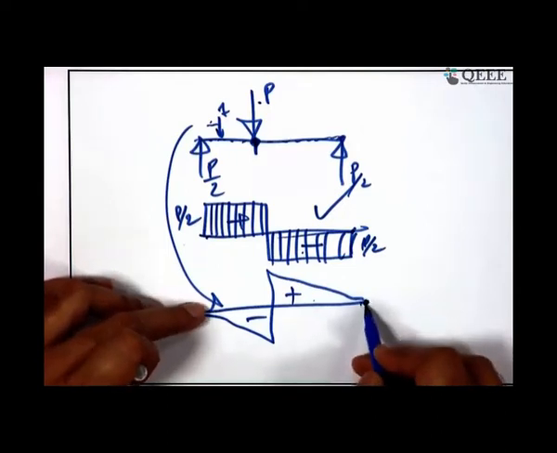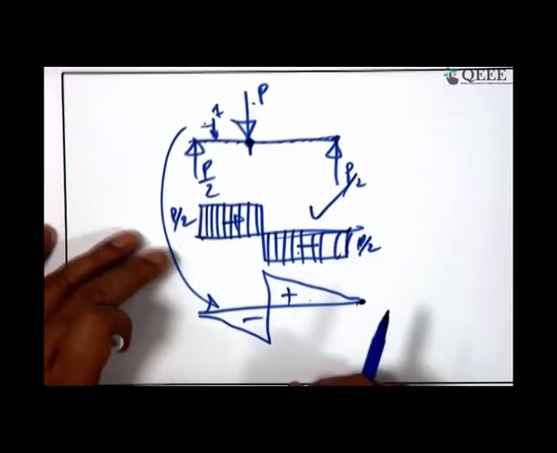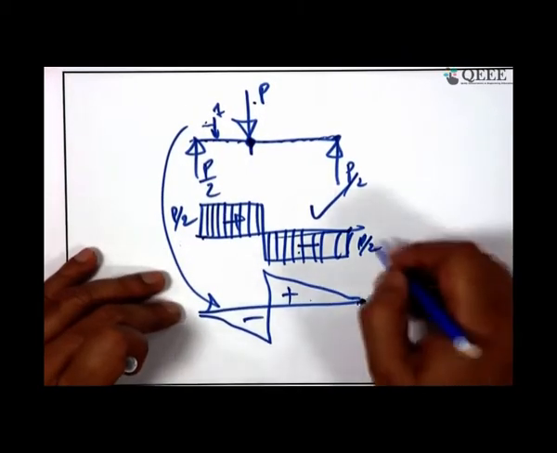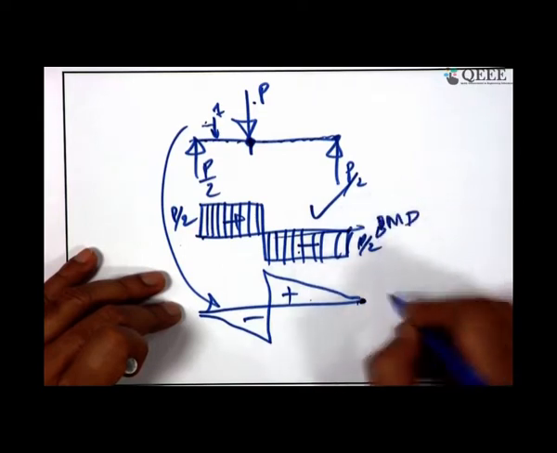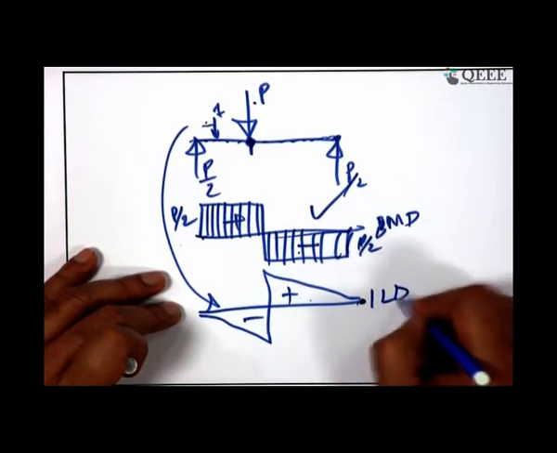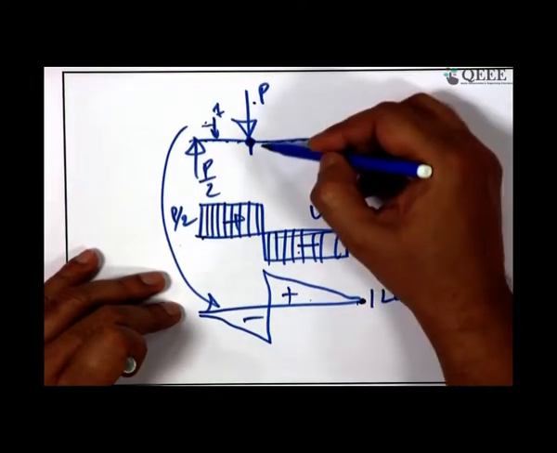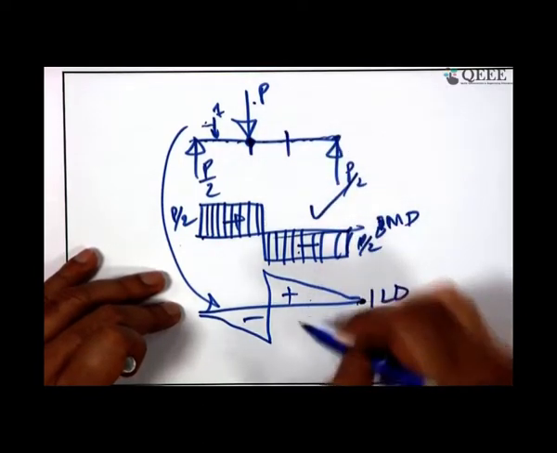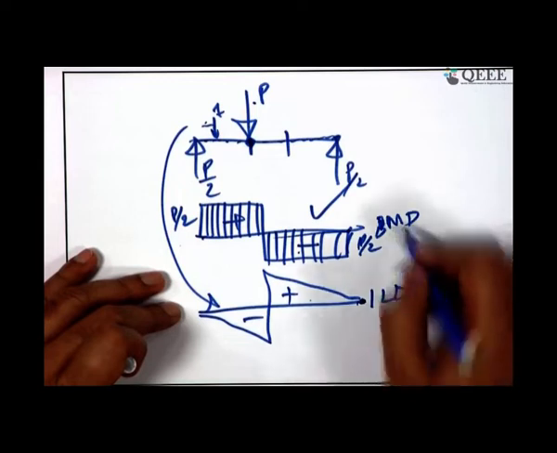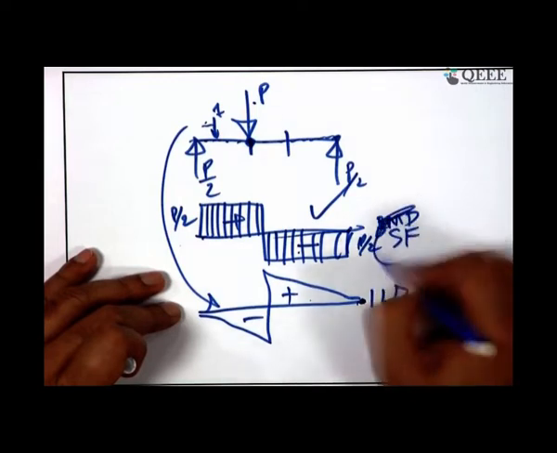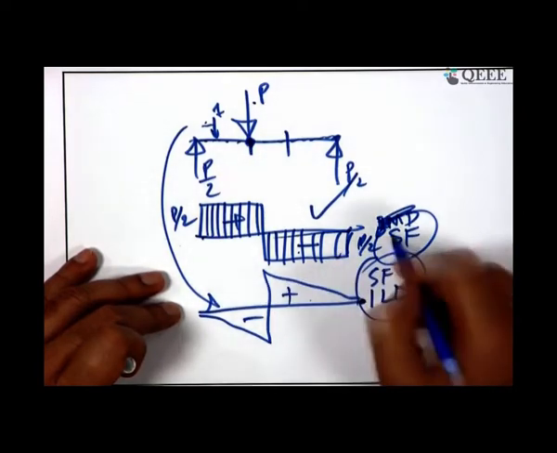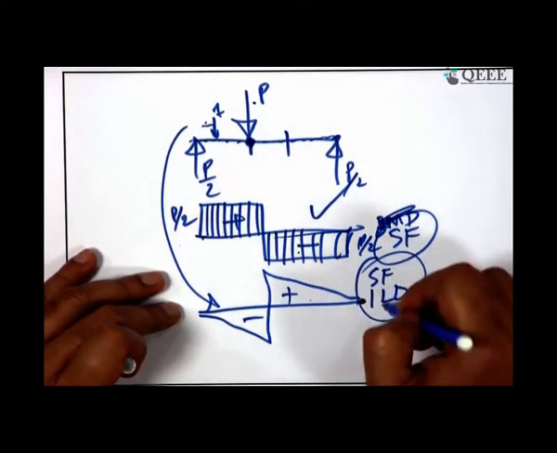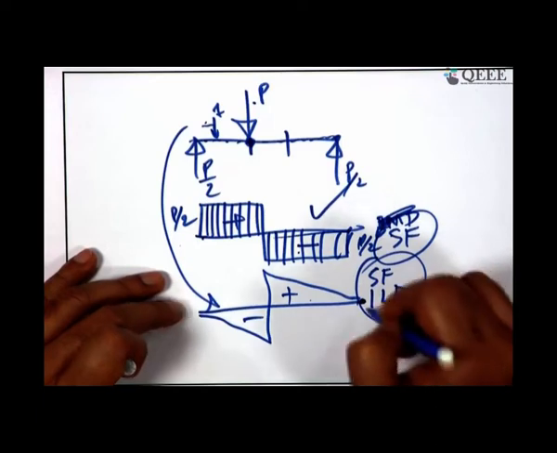The better you train your mind to accept that this is the bending moment diagram itself as a spatial variation, and this is the influence line diagram for the bending moment at a section. So, for another section, this is not the bending moment, this is the shear force, this is the shear force influence line diagram. So, you had better train yourself: this is a shear force diagram, and this is the shear force influence line diagram.